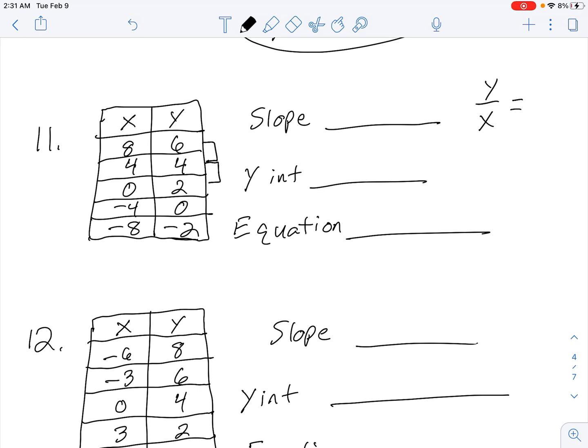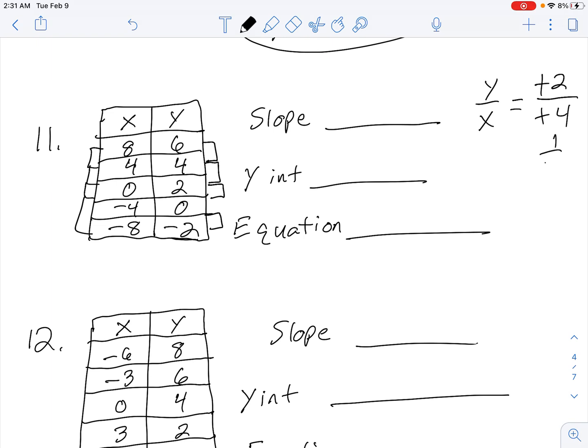So if you look at the y's, that's down 2, down 2, down 2, down 2. So y is negative 2. And then for the x, down 4, down 4, down 4, down 4. So the x is negative 4.